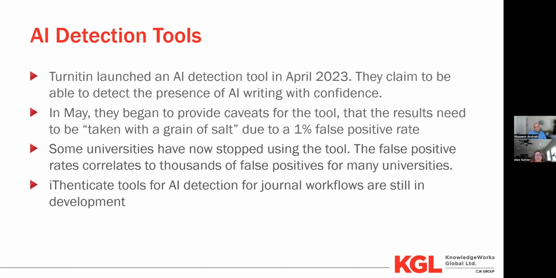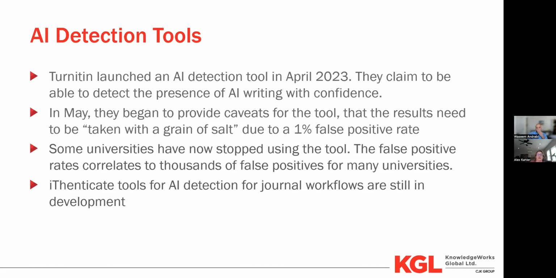In May of this year, they started to provide caveats for their tool. They said the results need to be taken with a grain of salt, due to what they claimed was a 1% false positive rate. But a number of news agencies tested their tool and found higher false positive rates. And now in the late summer and the fall, a number of universities that had all signed on to using the Turnitin AI detection tool have stopped using it because they were getting false positives, and they had been failing students based on the results of this tool.